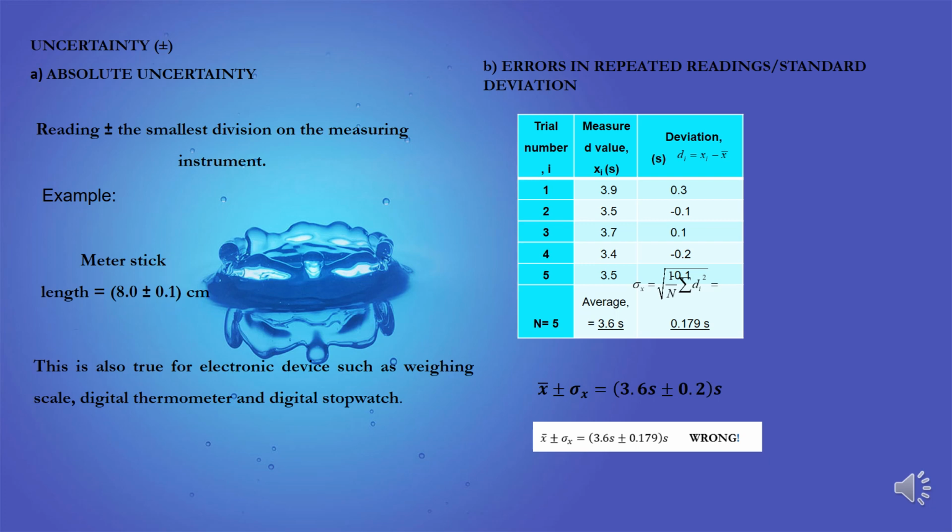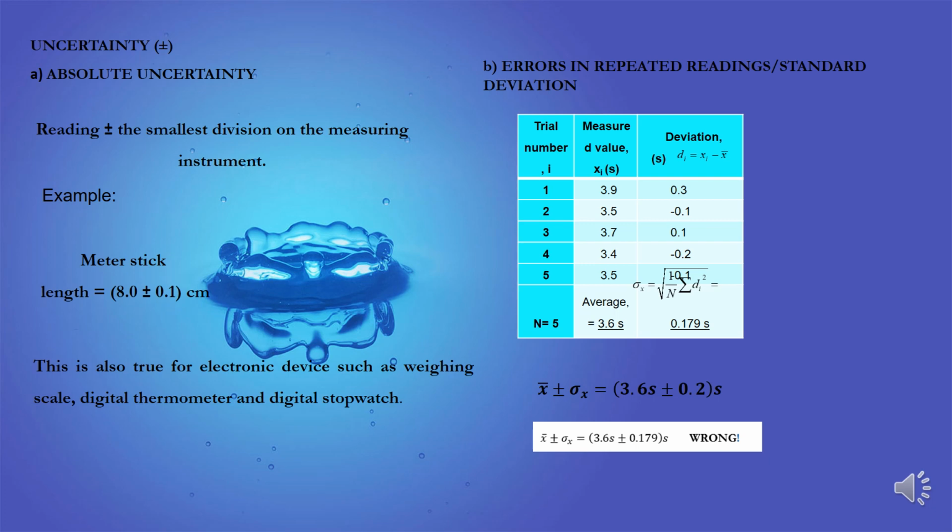We apply an equation to find the uncertainty given by symbol sigma equals square root of 1 over n times the sum of di squared, where di stands for the deviation. Deviation is basically the subtraction of each of the data with the average value.